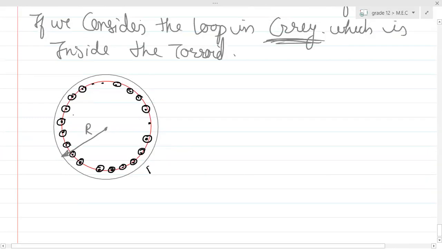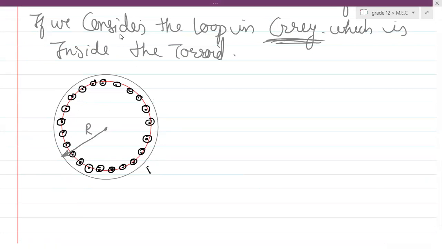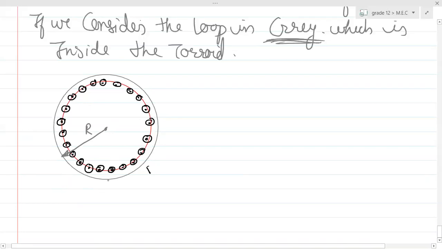The current was coming out of the plane at every point inside this thing, right? Yeah. So what shall be the direction of this loop? The direction of the loop should be chosen as clockwise or anti-clockwise. Anti-clockwise.